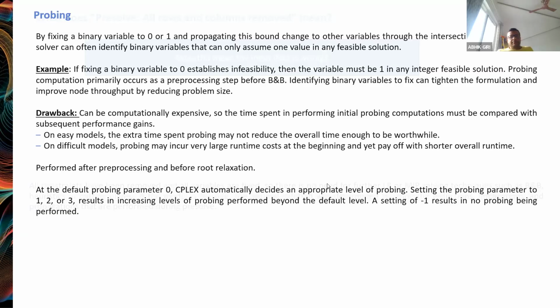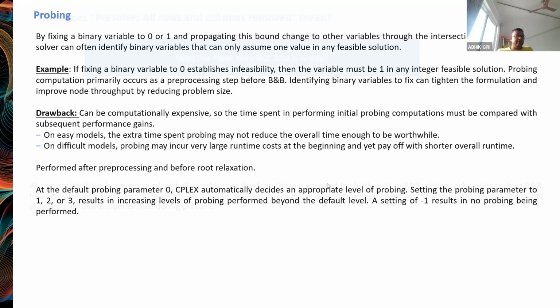Let's say it fixes the value of a particular variable to 0. Since that variable will be there in multiple constraints where you have other variables, it will see the impact on the other constraints, and it will see if setting that variable equal to 0 made anything infeasible.